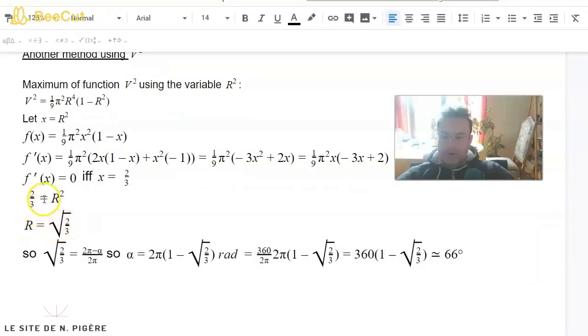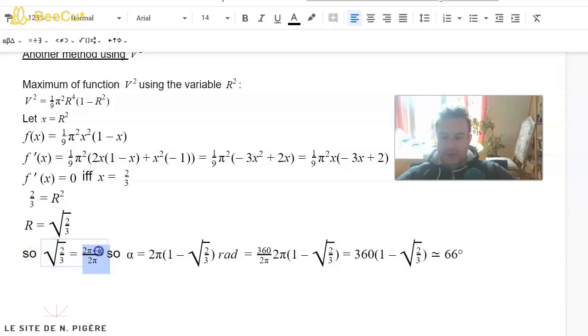So r, which is a positive number, should be the square root of 2/3, and from what we said before, we know that r, square root of 2/3, is equal to 2 pi minus alpha over 2 pi, and from this we can calculate alpha, which is 2 pi times 1 minus square root of 2/3.